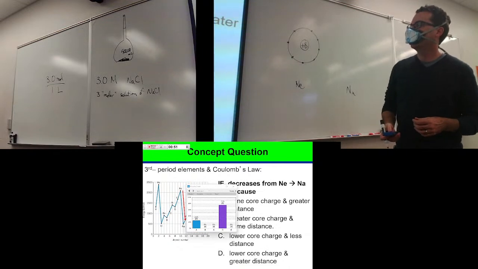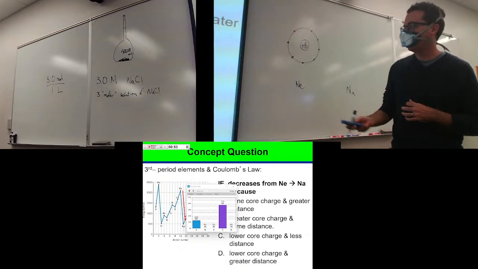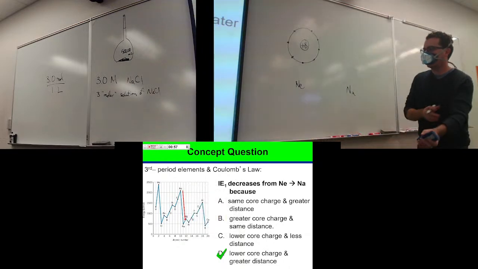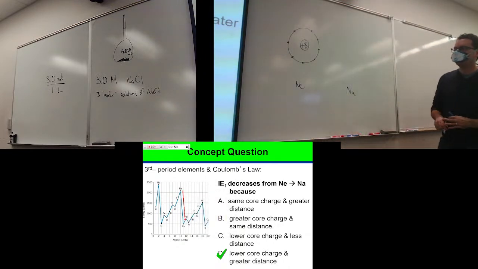So, a little bit less agreement, but still overwhelmingly for D. So the core charge decreases, and the distance of the valence electron increases.